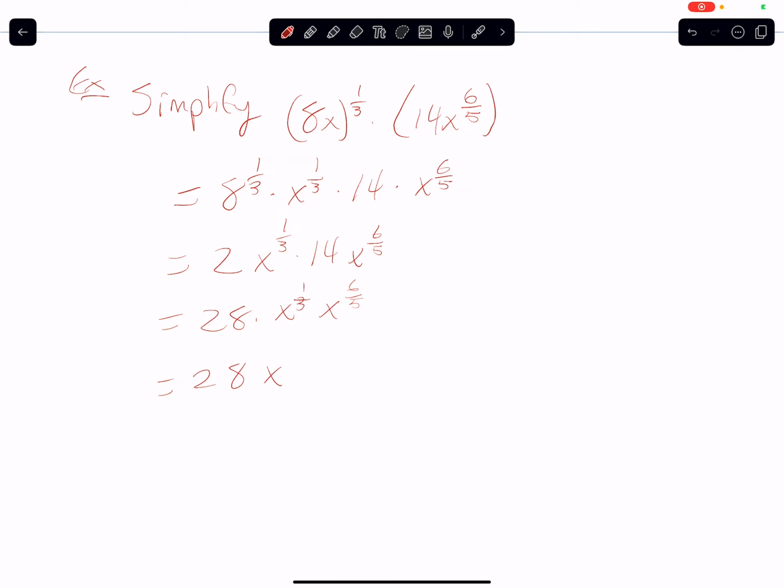So 1/3 in terms of 15ths would be 5 over 15 plus 6/5 in 15ths would be 18 over 15. And so we can add those together and get 28x. 5 plus 18 is 23 over 15.